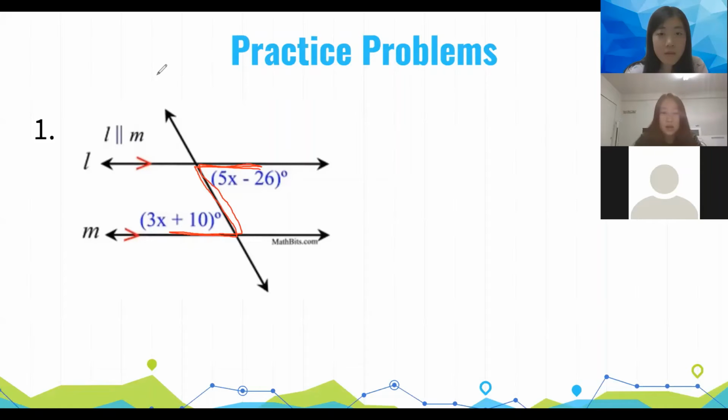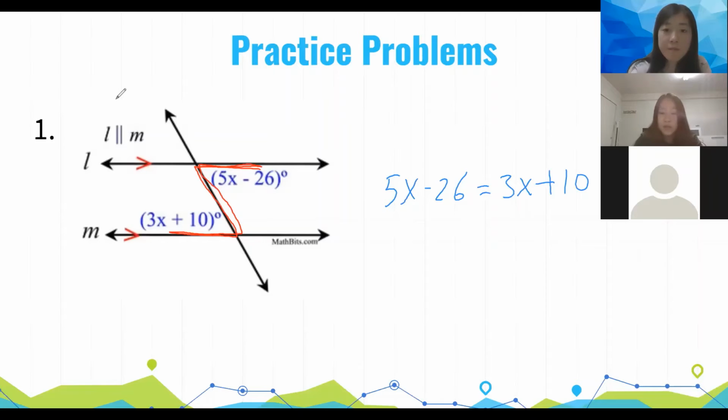Did you get that? So basically it's 5x minus 26 equal to 3x plus 10. Because they're alternate interior angles, that means that they are the same, so you can set them equal as an equation.